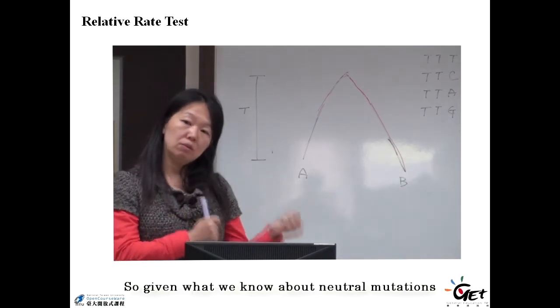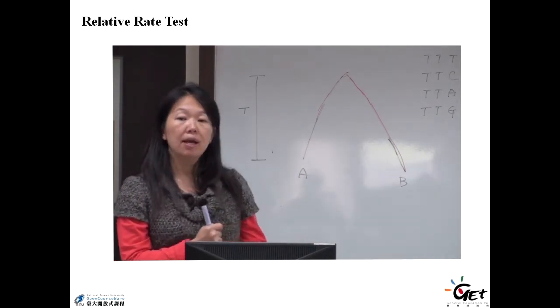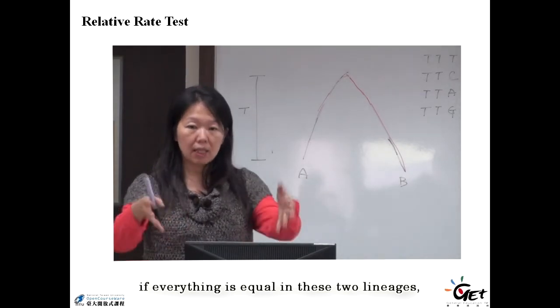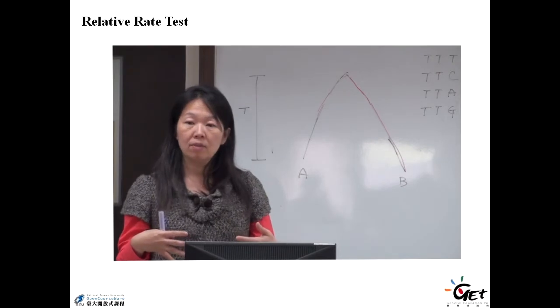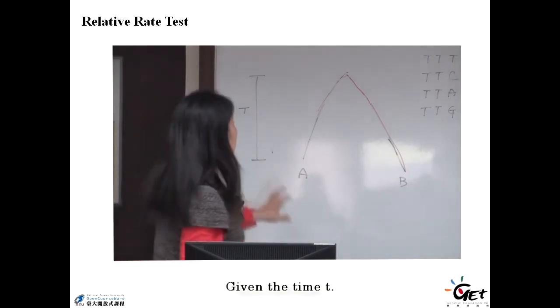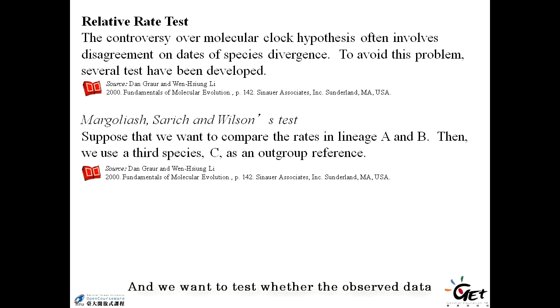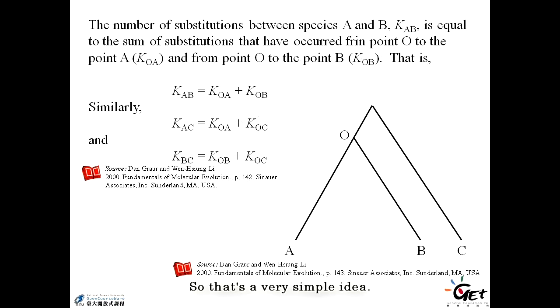Given what we know about neutral mutations and fixation probability, if everything is equal in these two lineages, they should accumulate approximately the same amount of change, given that the time t is the same. We want to test whether the observed data agree with this thinking. It's a very simple idea.